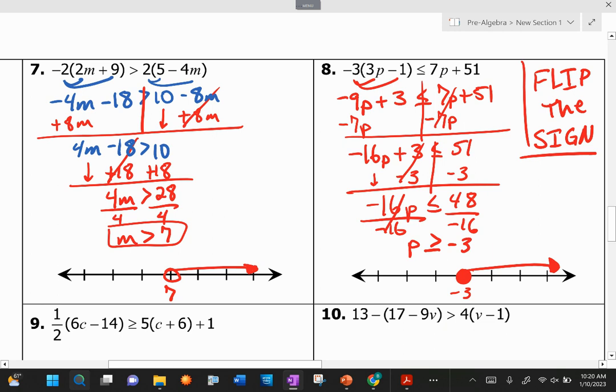All right, 7 and 8 are both up there. On number 8, please make sure that you flip the sign.